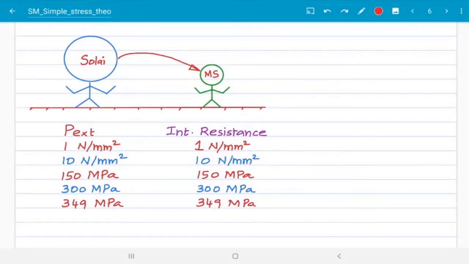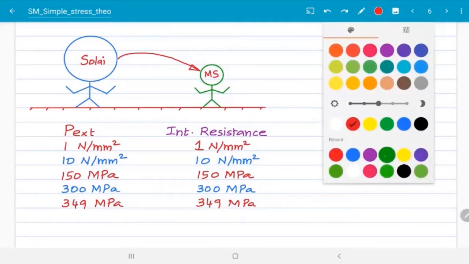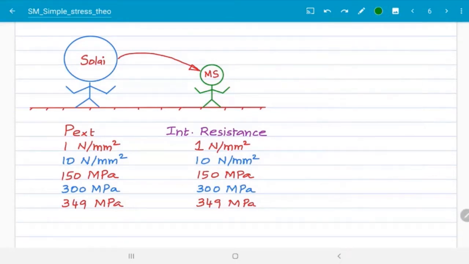Internal resistance offered by the body across unit cross section area is stress. It is also stress.